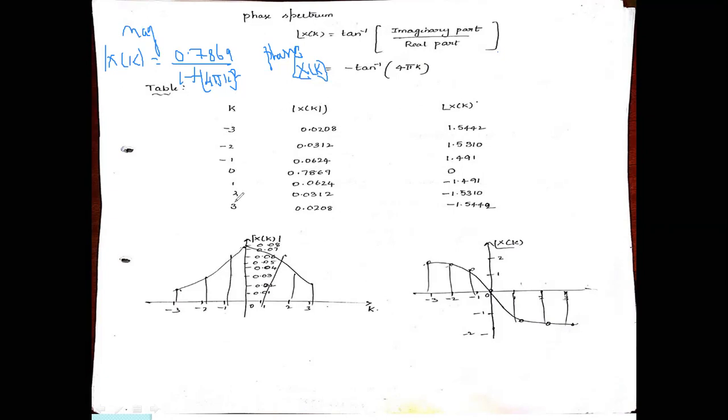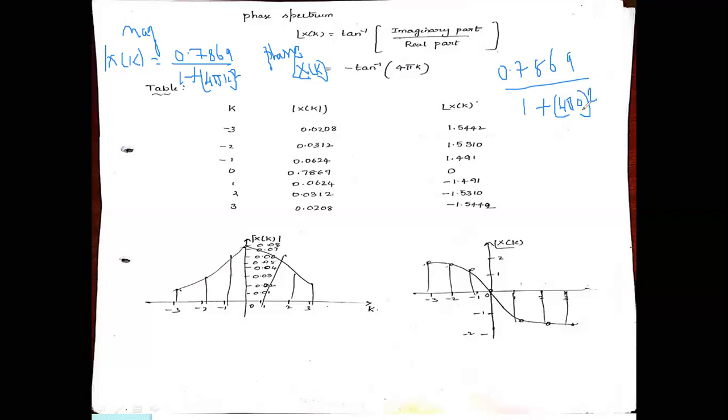Take the values of k as 0, minus 1, minus 2, minus 3, 1, 2, and 3, and substitute here. First of all, let me find out for k equal to 0. What is the value? 0.7869 divided by 1 plus 4 pi k whole square. k is 0 now, so this term is 0.